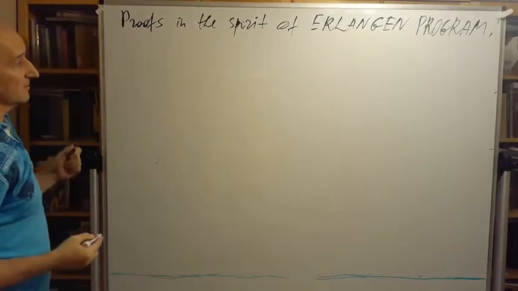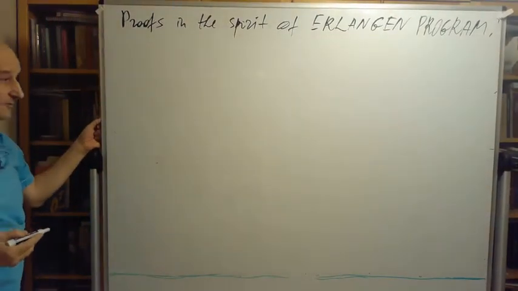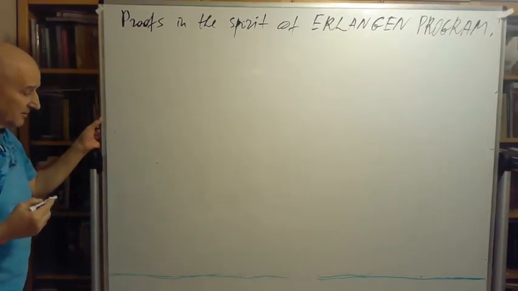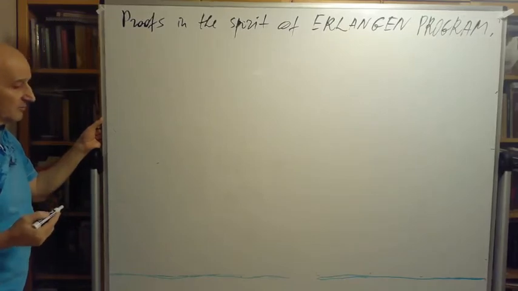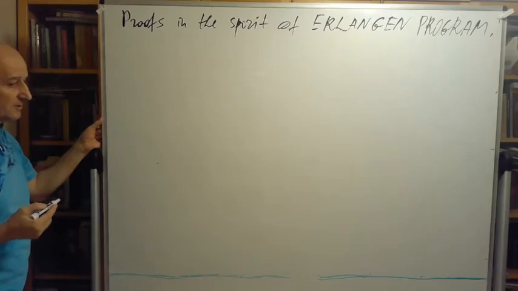So what are these proofs? There are a few different types of proofs. We will start with the easiest one. We will prove some known facts of Euclidean geometry using a group of transformations.